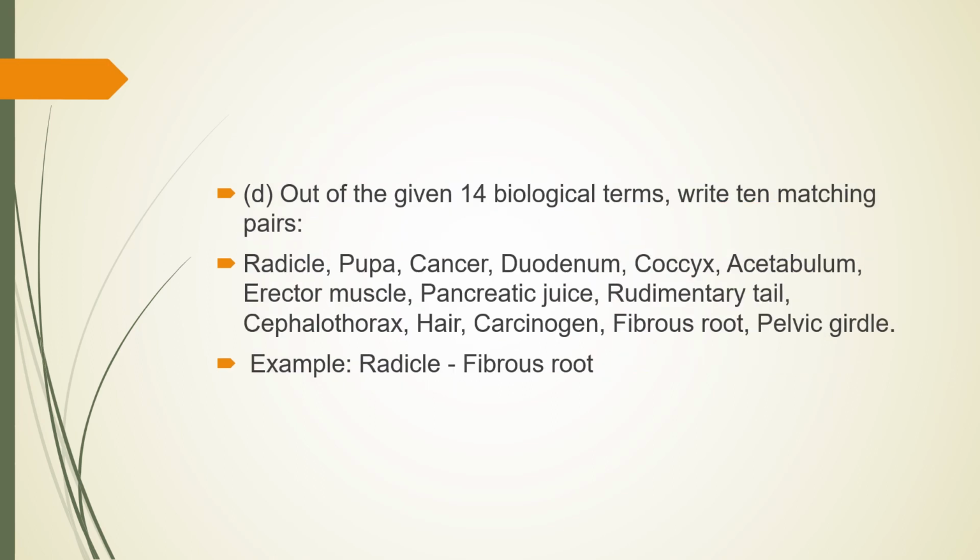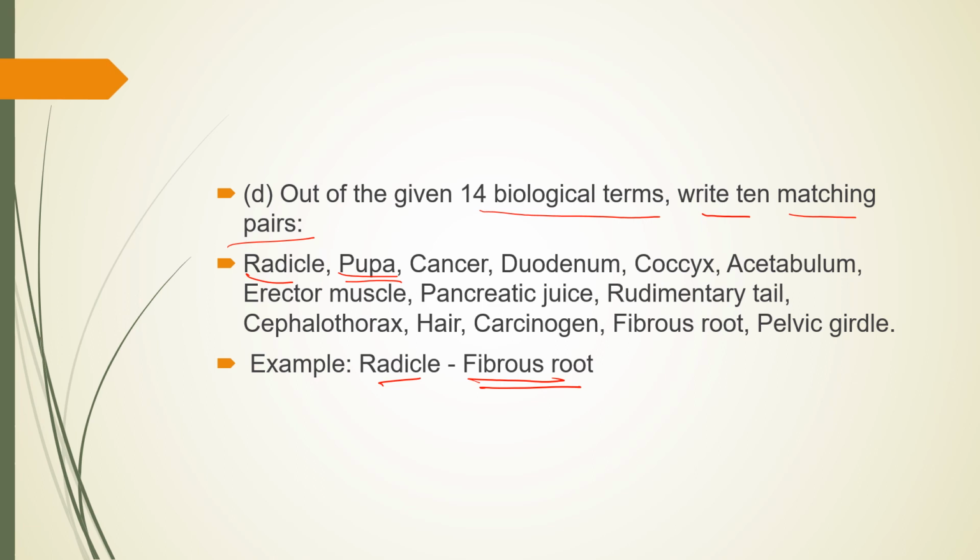Now next comes a different type of question. Out of the given 14 biological terms, write 10 matching pairs. One has been done for you: radicle, which you can pair with fibrous root. Like that, pupa should be combined with something.